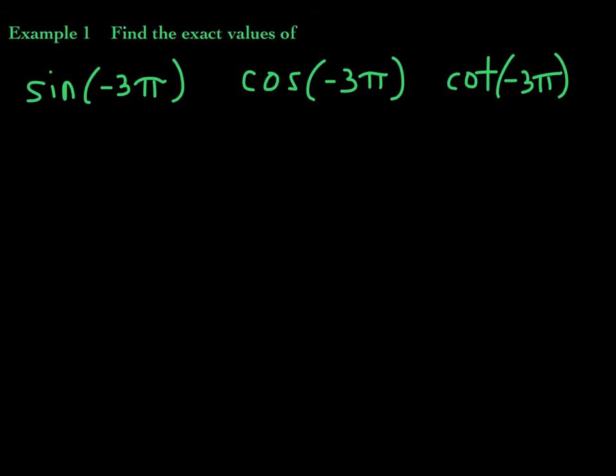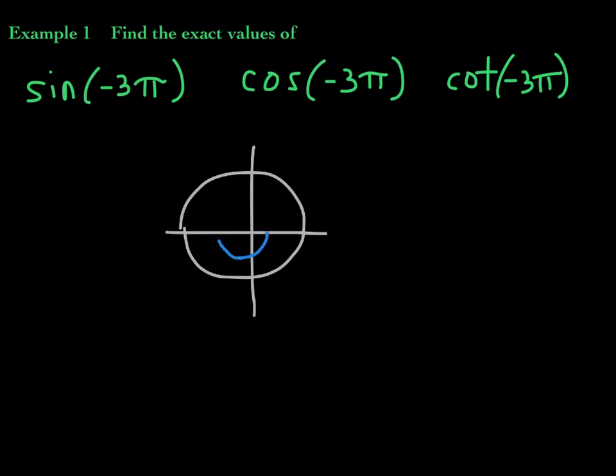So let's first see a picture of where negative 3 pi radians is on the unit circle. Negative angle measure means clockwise direction. So this is negative pi, negative 2 pi, negative 3 pi. This much is negative 3 pi.